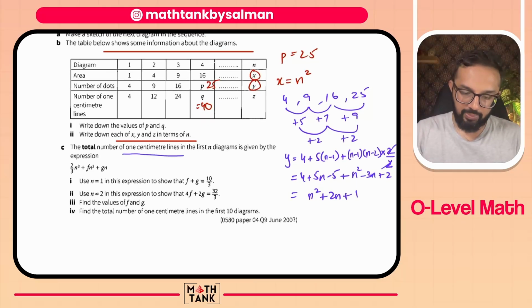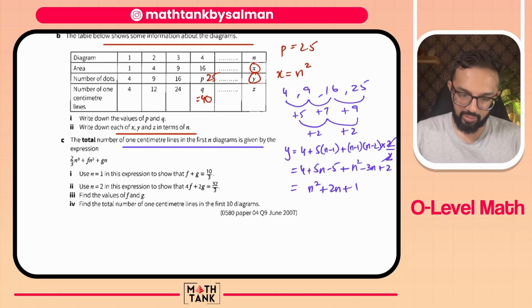It says the total number of 1 centimeter lines in the first n diagrams is given by the expression. So I'm adding up all the lines in the n diagrams. Use n equals 1 in this expression to show that f plus g equals 10 over 3.